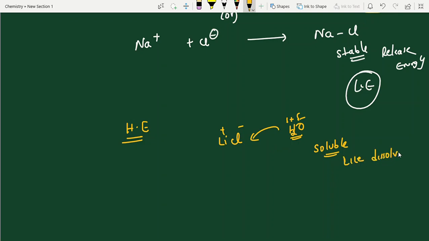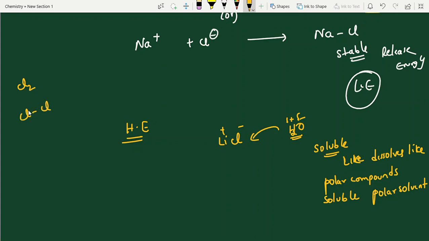Like dissolves like. That means polar compounds are soluble in polar solvents. Same way for non-polar compounds. Suppose a non-polar Cl2 molecule, Cl-Cl, 100% covalent, no polarity. Those compounds we call non-polar compounds.